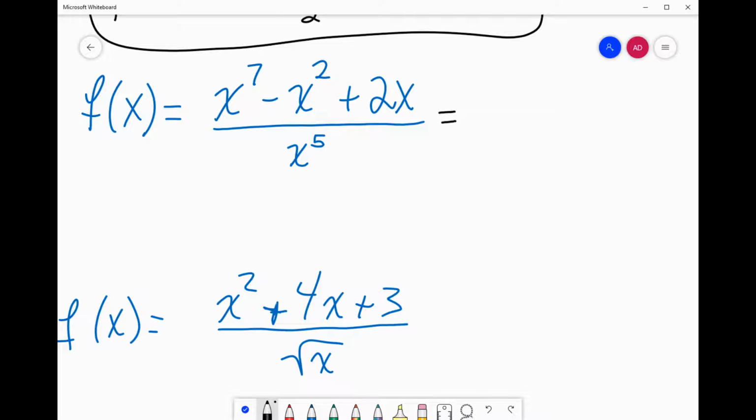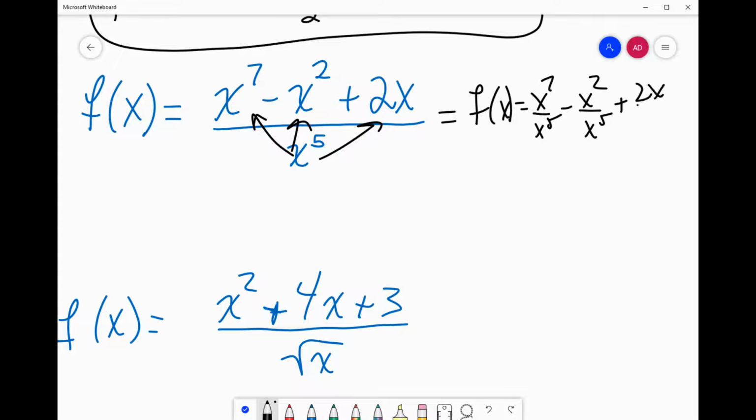Okay, so now let's check this one out. Some people freak out and think, oh my God, I have to do a quotient. No, you do not. That x to the 5th is sliding into each one of these terms. So f of x is equal to x to the 7th over x to the 5th, minus x squared over x to the 5th, plus 2x over x to the 5th. Remember, when you divide like bases, you subtract those exponents.